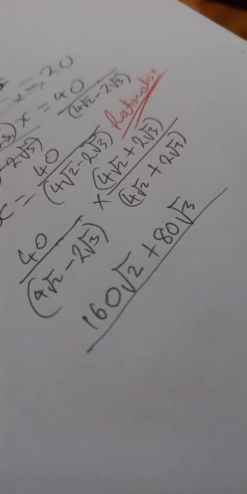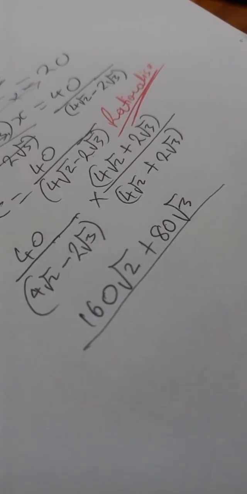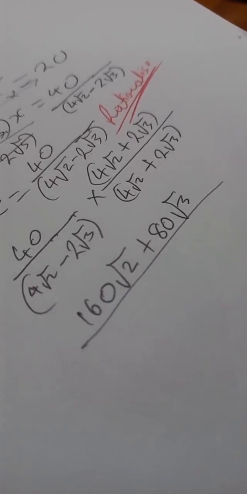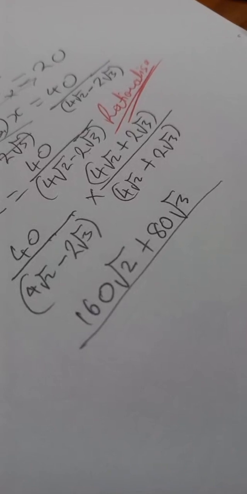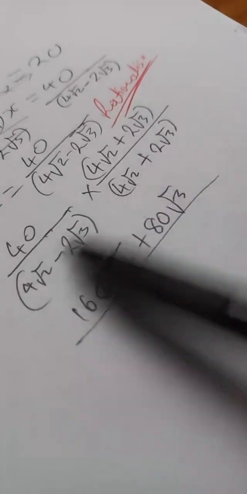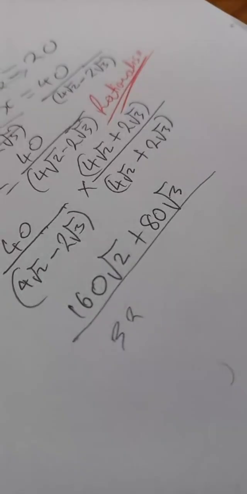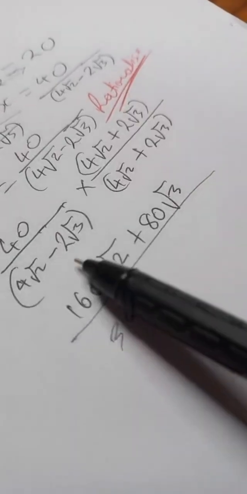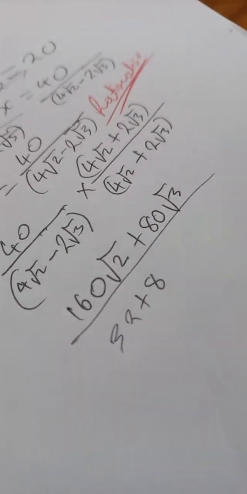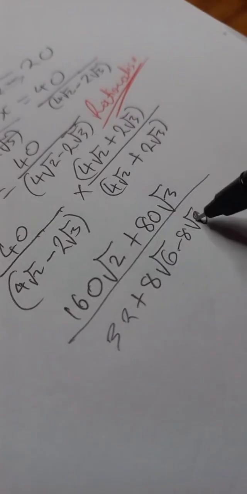Now, what do we do? Let's multiply. 40 by 4, that's 160. 160 square root of 2 plus 80 square root of 3, all over 4 square root of 2 times 4 square root of 2. That gives me 16 times 2, which is 32. Then this by this, we have 8, so it's plus 8 square root of 6, minus 8 square root of 6.